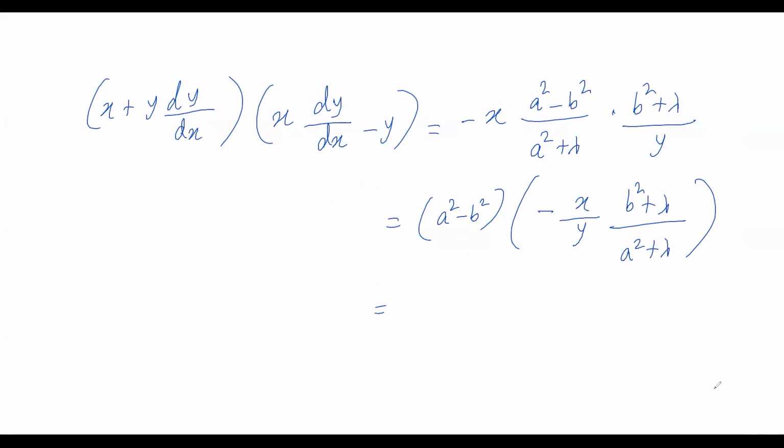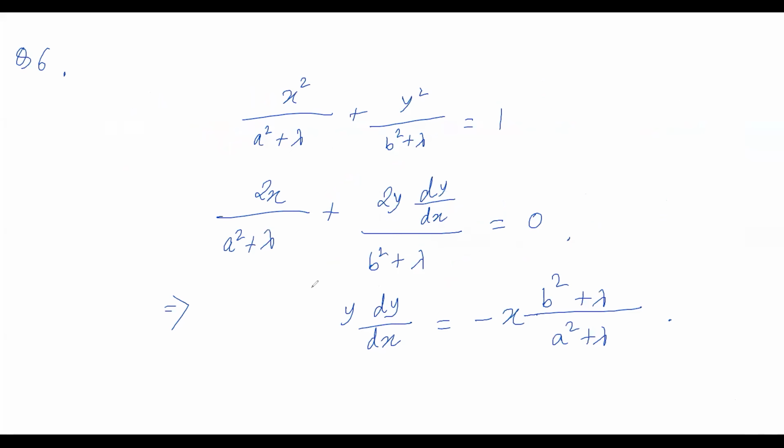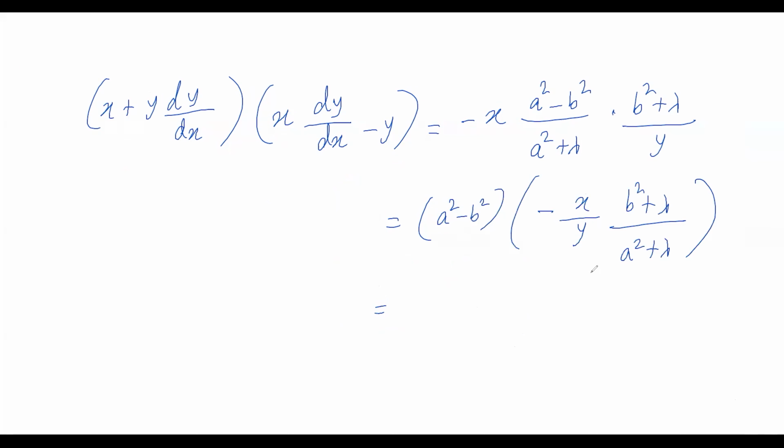And now if you go back and see what we had as dy over dx, if you take y on that side, this value is equal to dy by dx. And so this is dy by dx times a squared minus b squared. And thus we are done with problem 6.